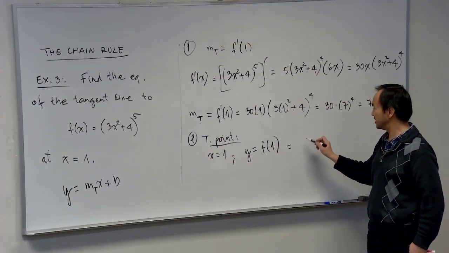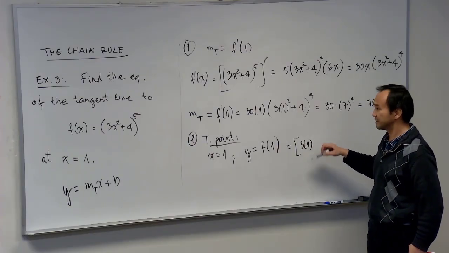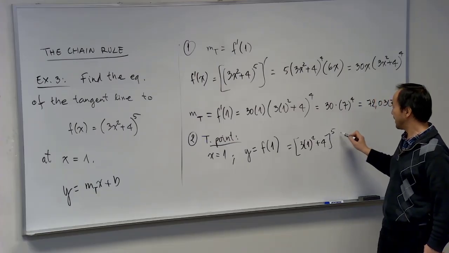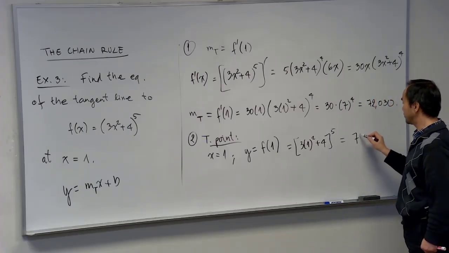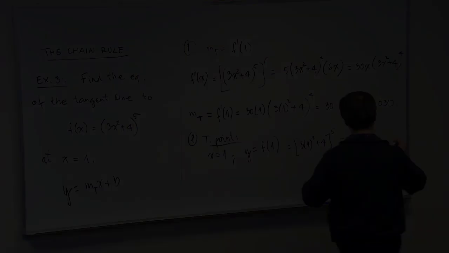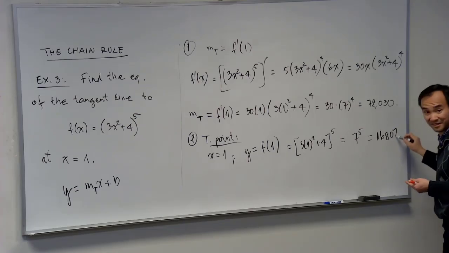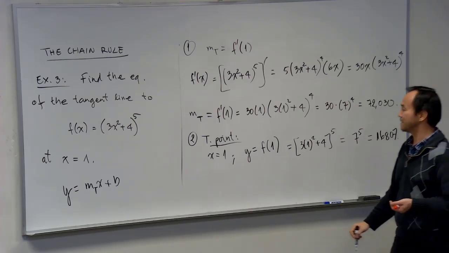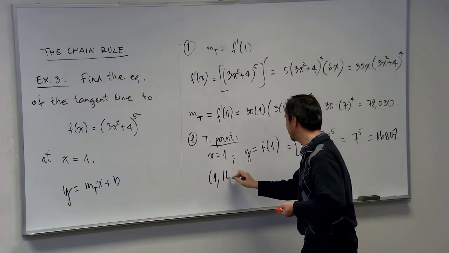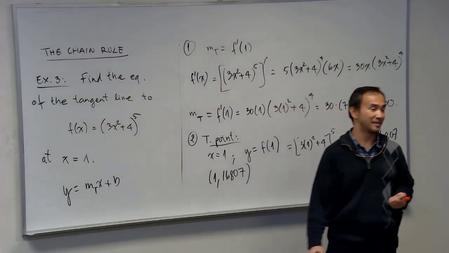So the function here is 3 parentheses 1 squared plus 4, right, to the 5th power, that's making it 7 to the 5th power. 7 to the 5th power, calculator. 16,807. Okay. That means our tangent point here is (1, 16,807). Got a tangent point. See that now?